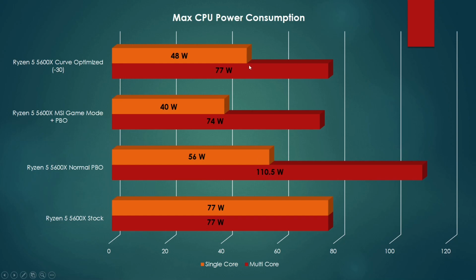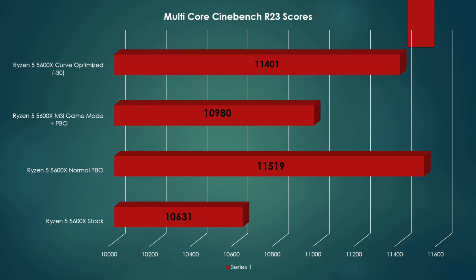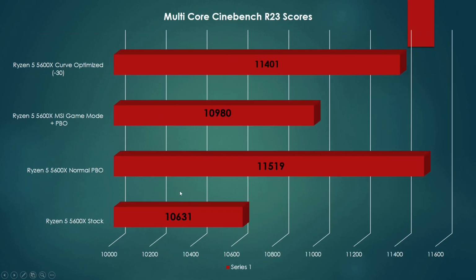Also, this drop is with a very minuscule performance loss. I would not say it is a performance loss, it's almost equal. As you can see here in multi-core scores, it was around 118 points.